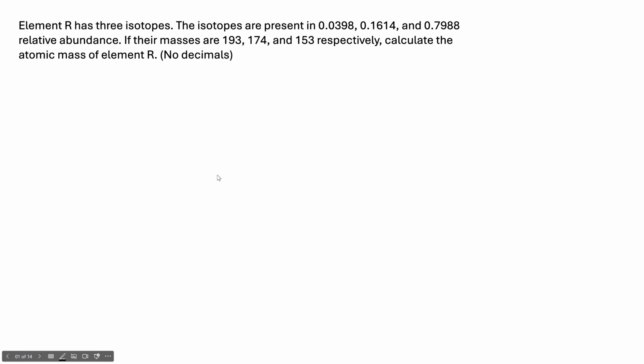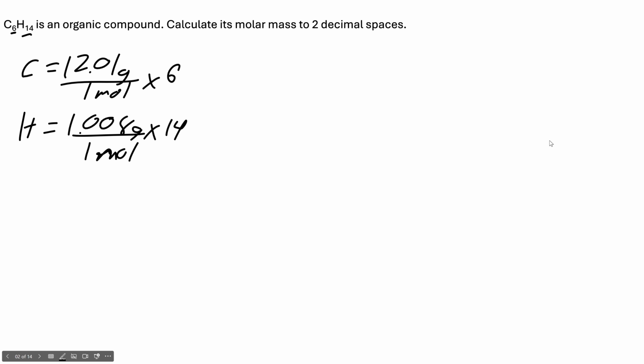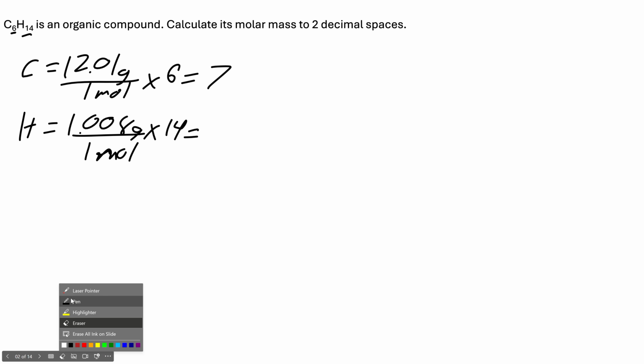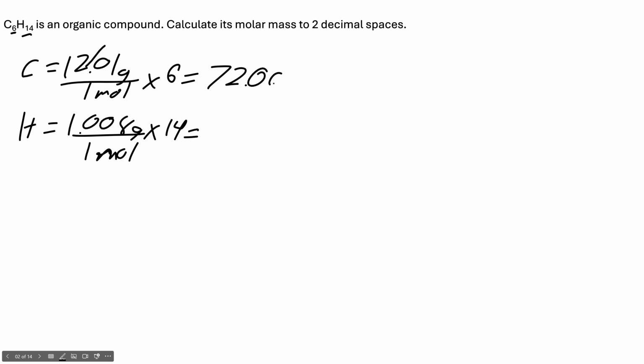All right. Still figuring out the pen, sorry. So we get values here. 6 times 12.01 gives us 72.06, and 14 times 1.008 gives us, well, roughly 14.